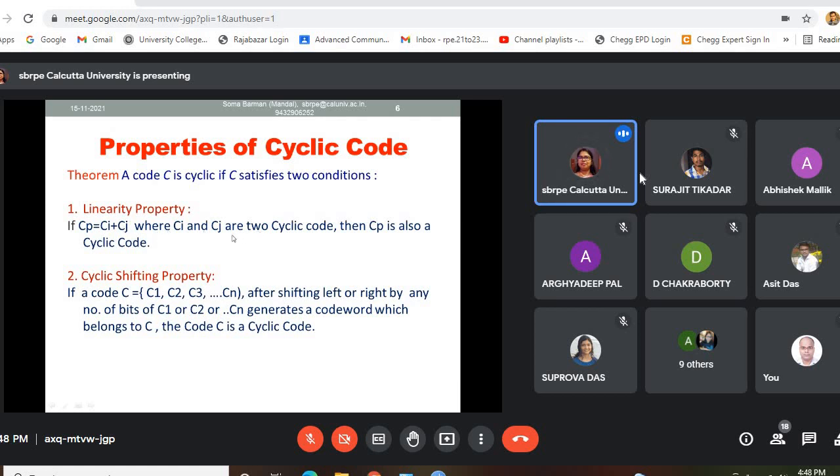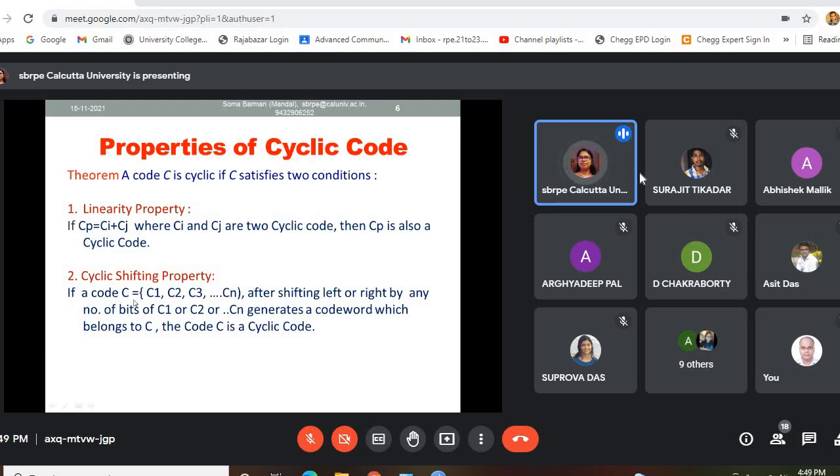Then the sum, the resultant code, must also be a code word in C. This is the linearity property. And the other is the cyclic shifting property.